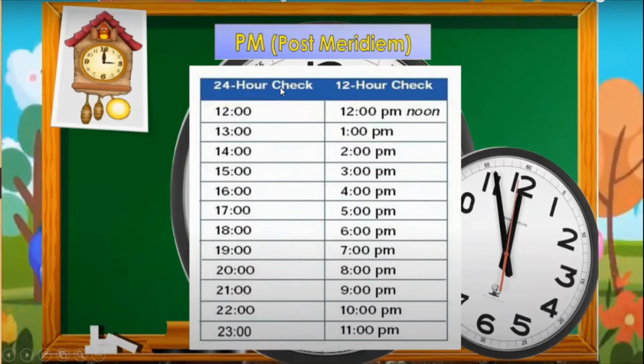For the 24-hour clock, we have 1300 hour, but for the 12-hour clock, that is 1 p.m. For 1400 hour, the 12-hour clock is 2 p.m. For 1500 hour, it is 3 p.m. And it just continues until 2300 hour, which in the 12-hour clock is 11 p.m.